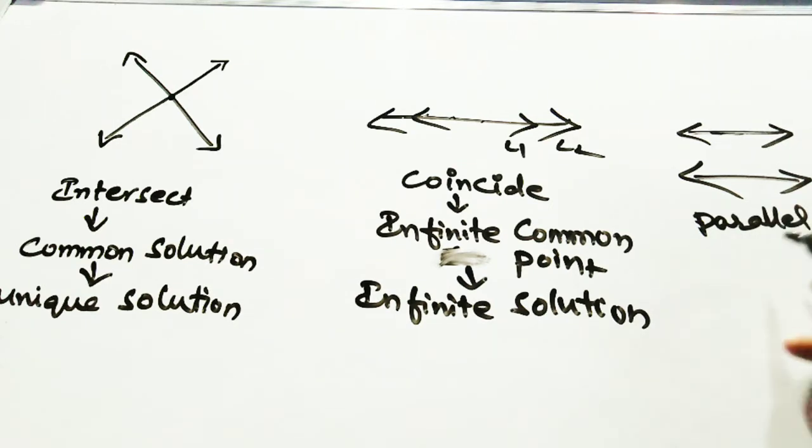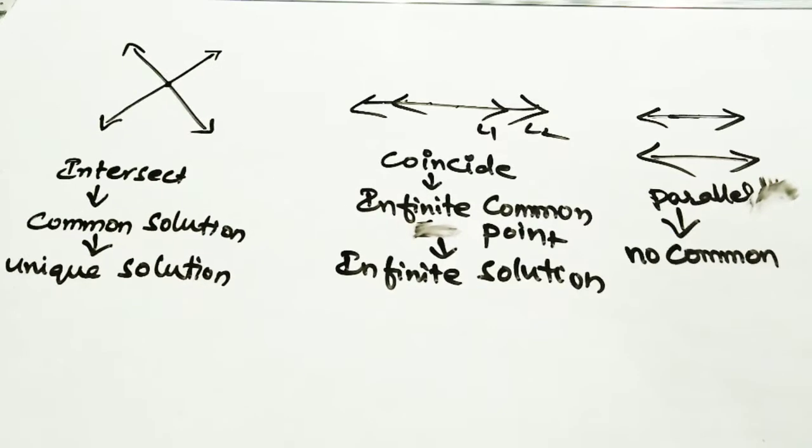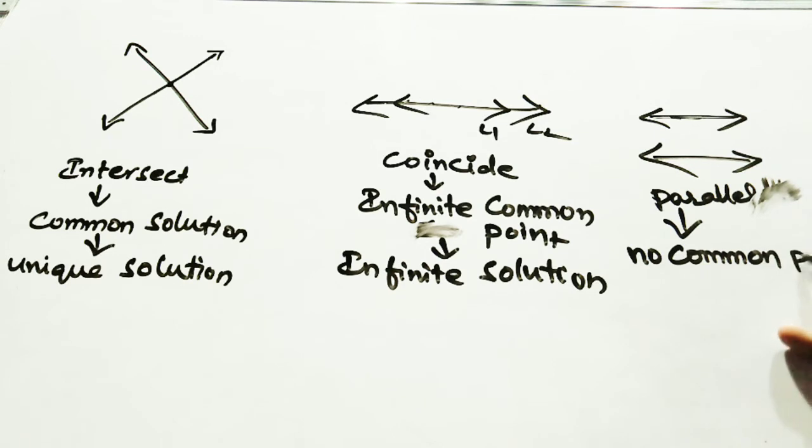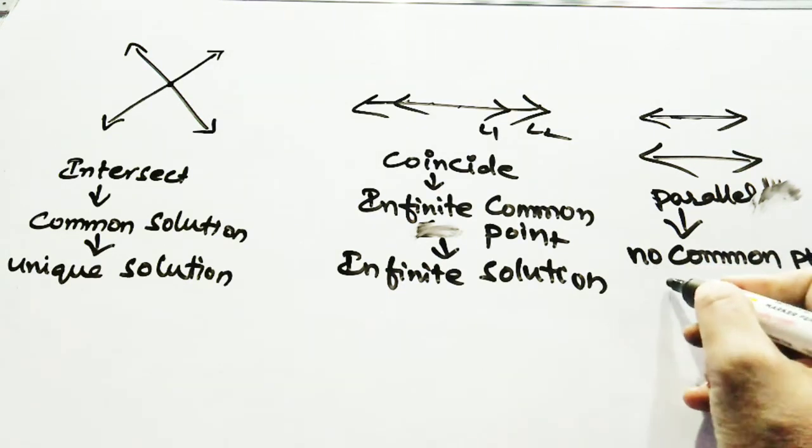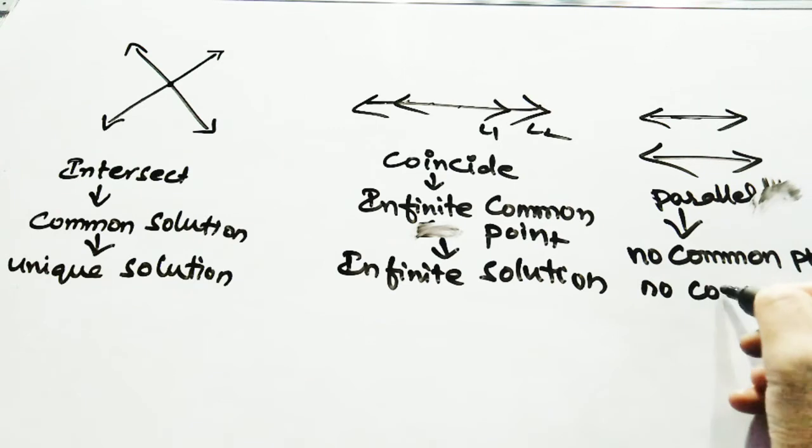Parallel lines mean no common point, or no common solution. If it were intersecting, you would get a common solution, but here you get no common solution.